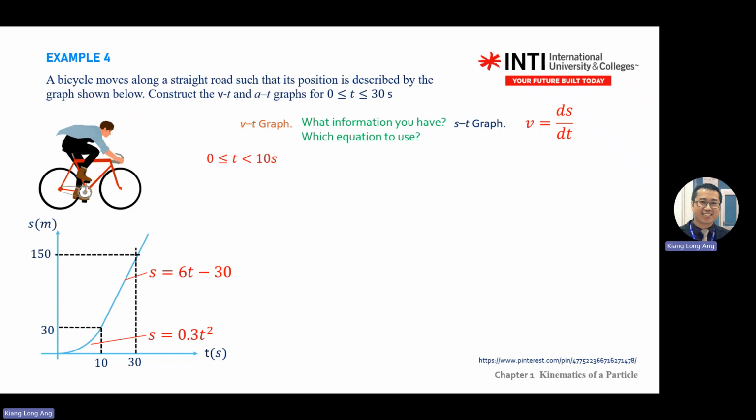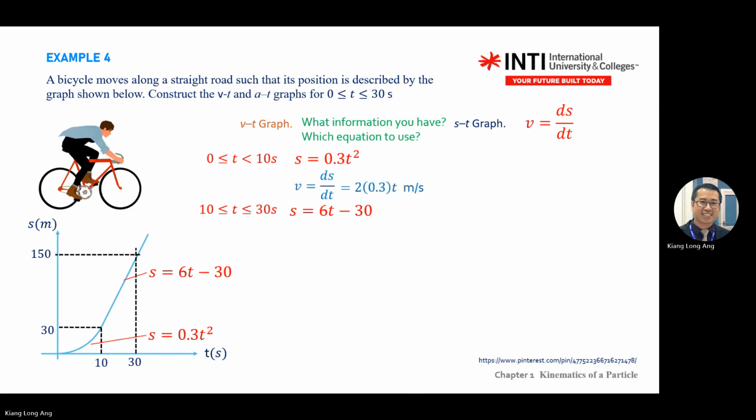Your ds/dt is what kind of equation? Linear, quadratic, polynomial? Linear is in the form of y equal mx plus c. Your c here is 0. Okay, so I do the first one for you. s equal to 0.3 t squared, and the second one is the equation.